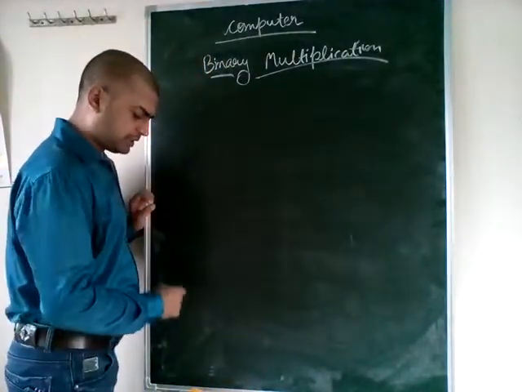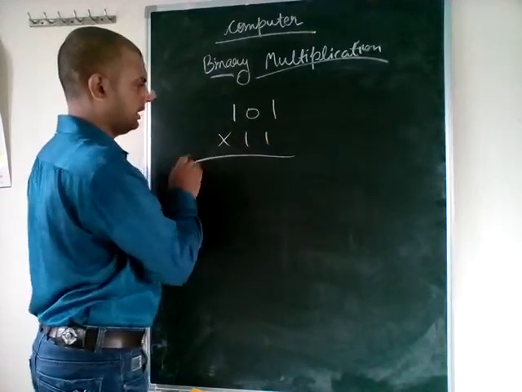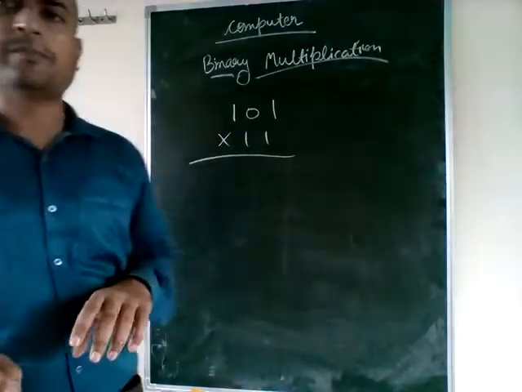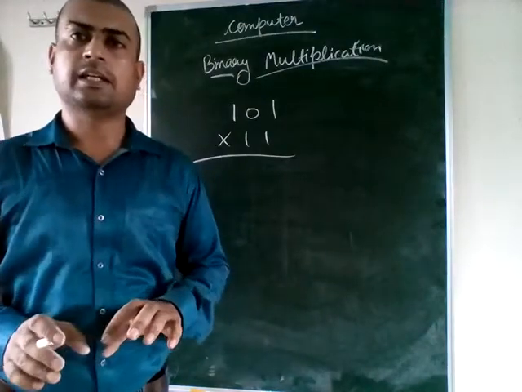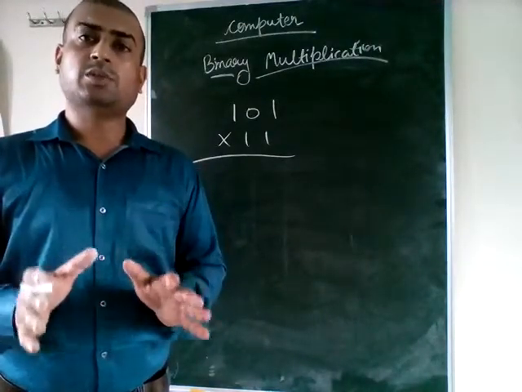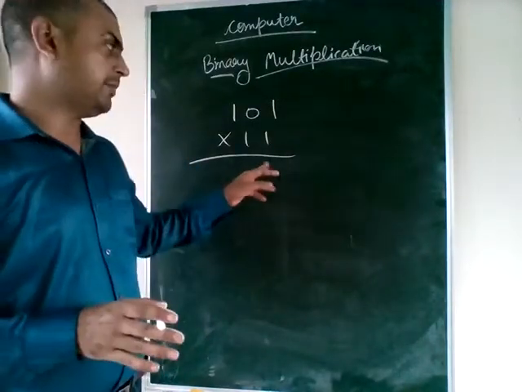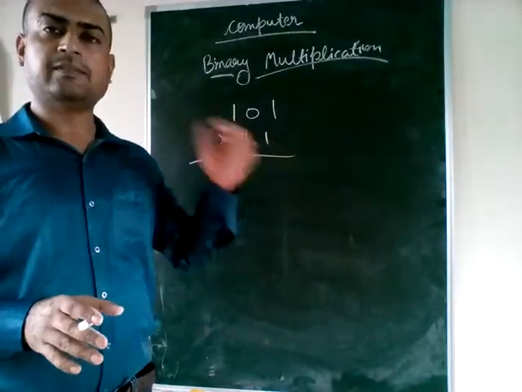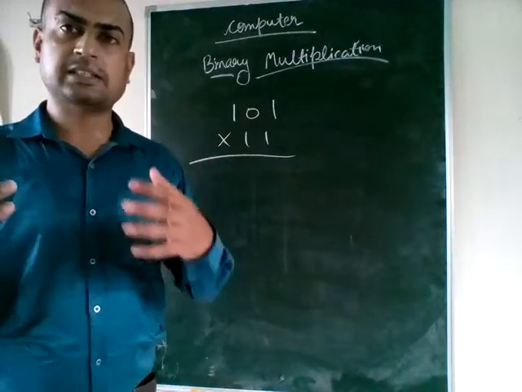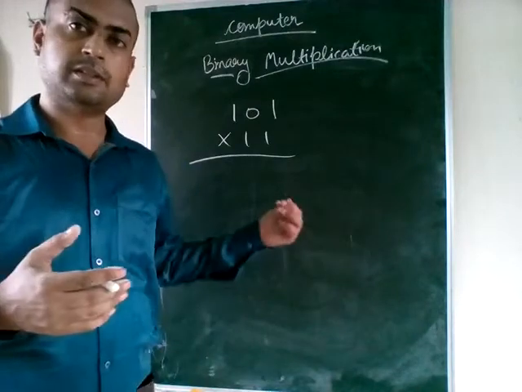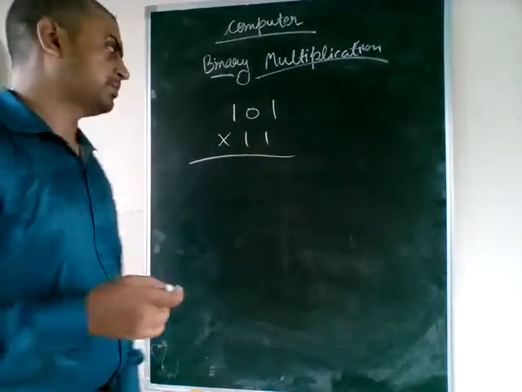Now our first question is 101. First thing you must know is that in binary multiplication, no difference is there. We will follow the same rule as we do in the decimal format. We will multiply the number, and then we will add the numbers. Addition of the binary number is the addition of the binary digits, as I have just shown you.